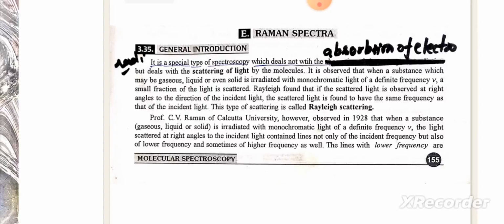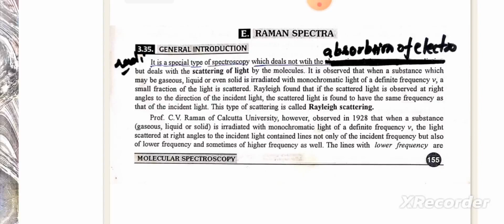Professor C.V. Raman of Calcutta University, however, observed in 1928 that when a substance, gaseous, liquid, or solid, is irradiated with monochromatic light of definite frequency mu, the light scattered at right angle to the incident light contains lines not only of the incident frequency but also of the lower frequency and sometimes of higher frequency as well.